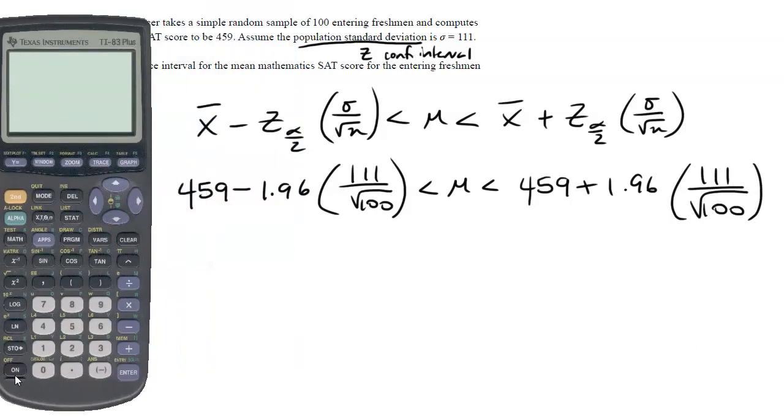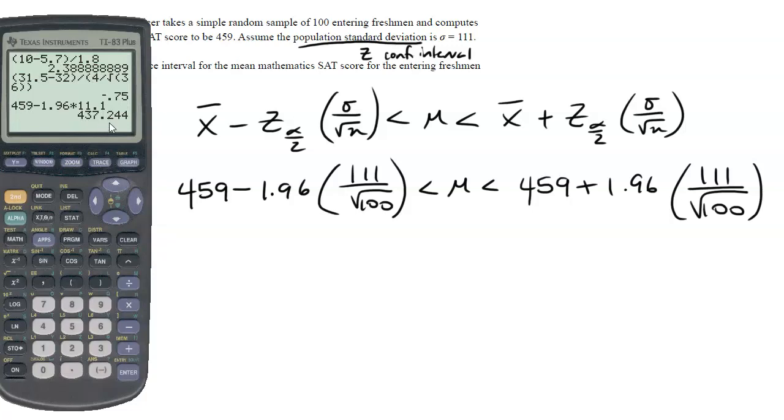Okay. For this calculator, let's see, 459 minus 1.96 times 111 divided by 10 is just 11.1, right? Right? 111 divided by 10. Okay.